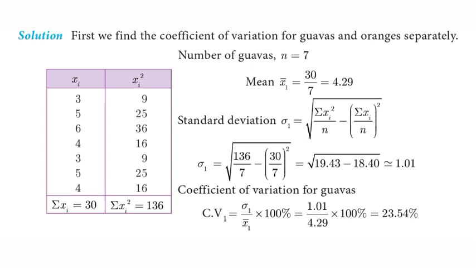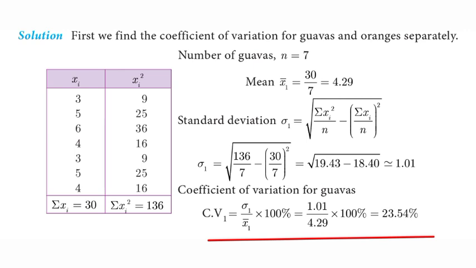Now we'll find the coefficient of variation for guavas. CV1 equals sigma 1 divided by x1 bar into 100. Now sigma 1 value is 1.01 divided by arithmetic mean x1 bar equals 4.29, into 100.